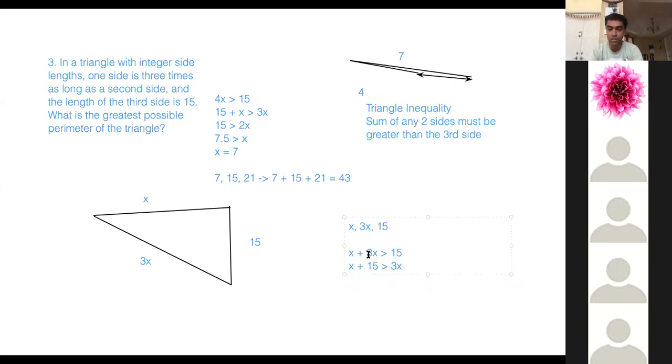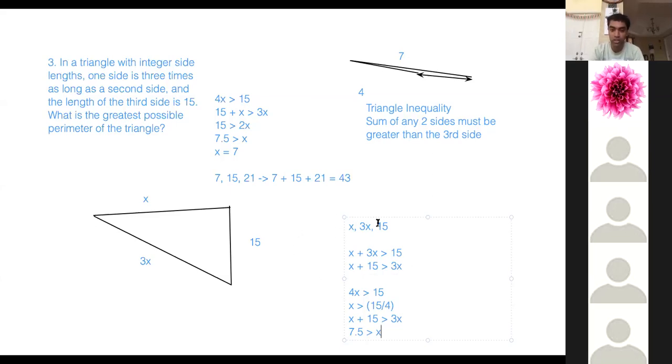x plus 3x is greater than 15, and x plus 15 is greater than 3x. So from the first one, we get 4x is greater than 15, so x is greater than 15 over 4. And from the other one, x plus 15 is greater than 3x, so 15 is greater than 2x, and 7.5 is greater than x.